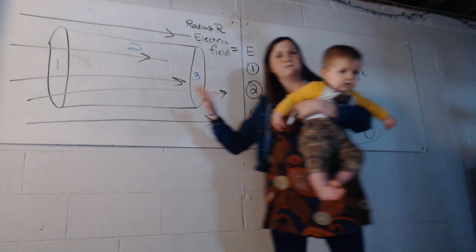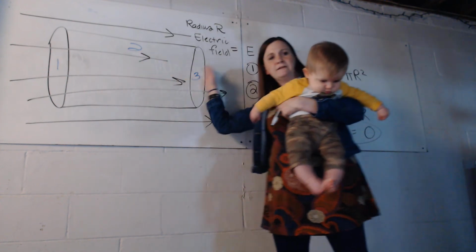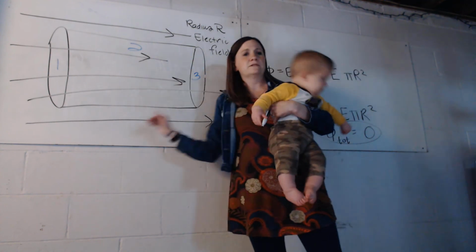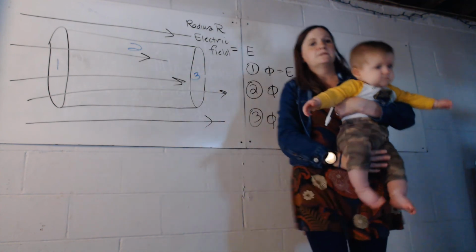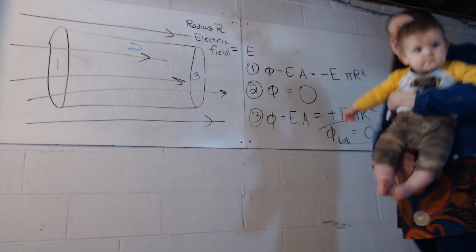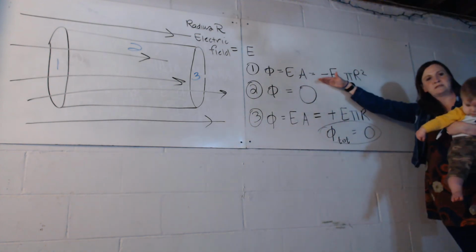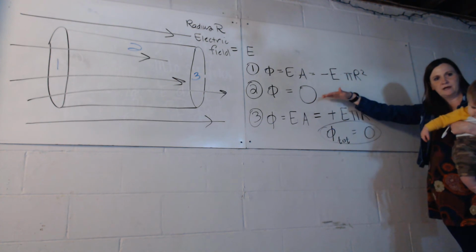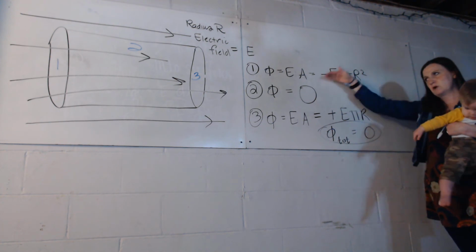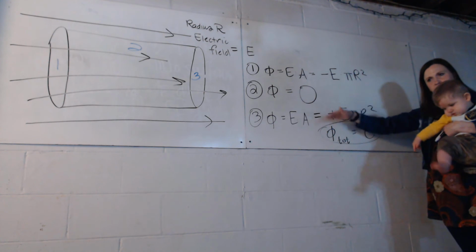So the net flux, although there is flux here and flux here, the net flux for this entire surface is 0. So that's the idea of finding flux. If you look at this problem in the textbook, they'll use that calculus notation, but this is all that they are doing. So there's really no calculus involved.